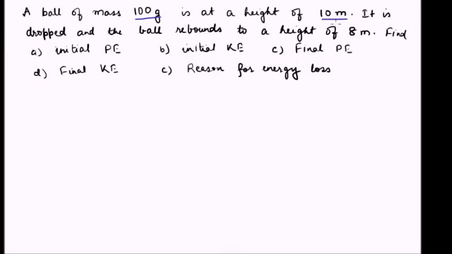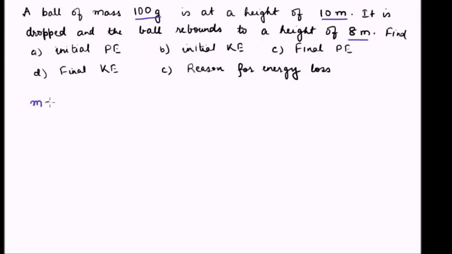From there it is dropped and the ball rebounds from the surface to a height of 8 meters. We are asked to find the initial and final potential energy, the initial and the final kinetic energy, and if there is a loss of energy, the reason for that loss.